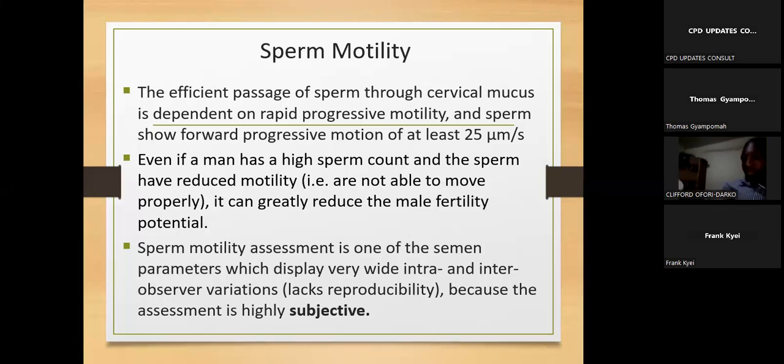You take the same sample to another lab and it also gives you a different result. Because of the subjective nature of it, it lacks reproducibility. Reproducibility is repeatability. If you repeat it, you are going to get different results. That is the challenge with sperm motility assessment.